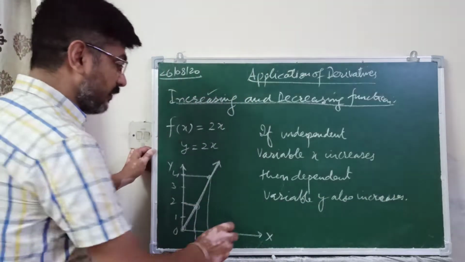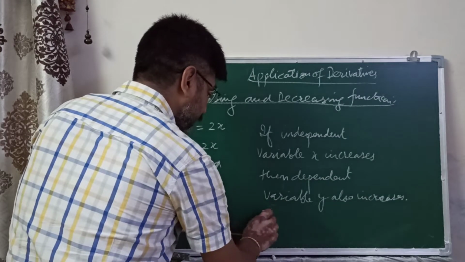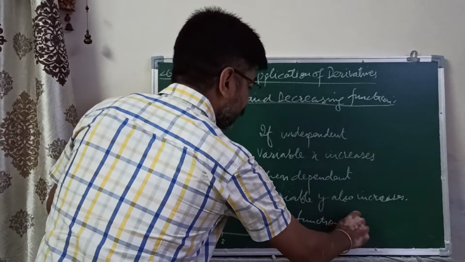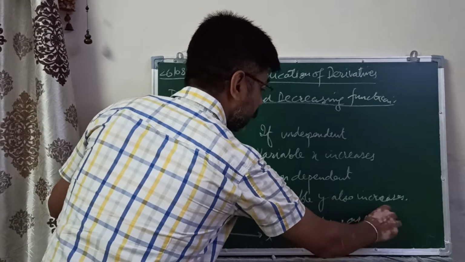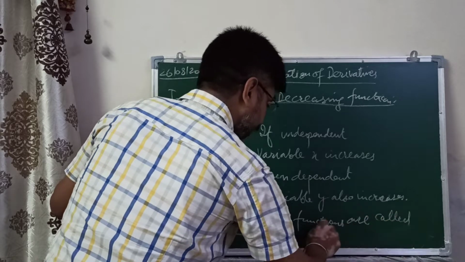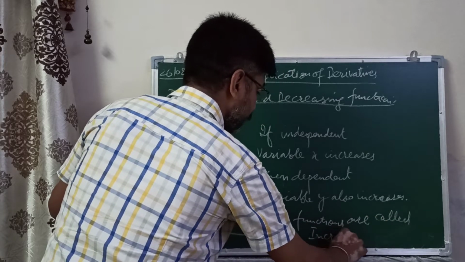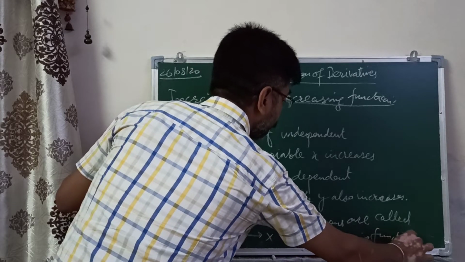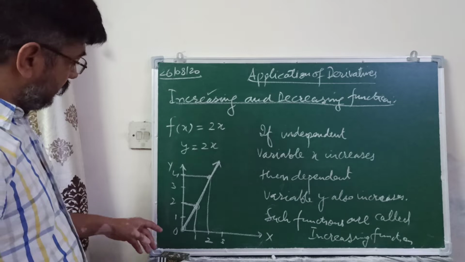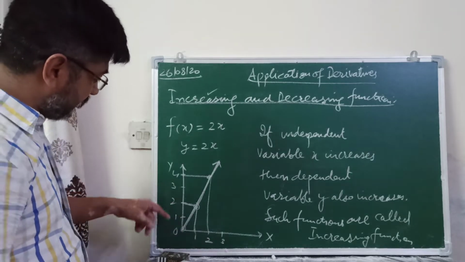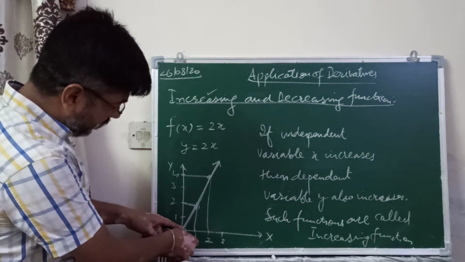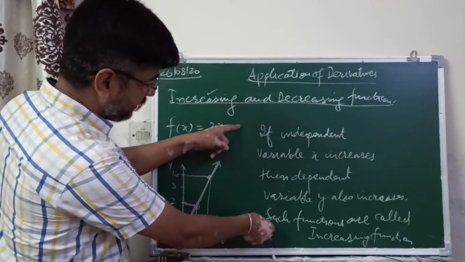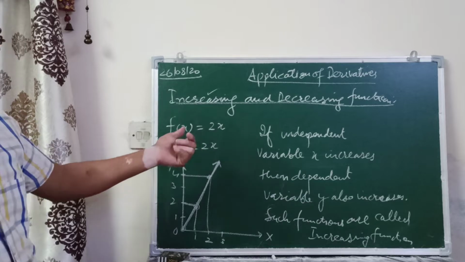Such functions are called increasing functions. As x increases, y increases. Look at the graph. If x increases, the graph goes like this. It is increasing. That's it. That's why it's called an increasing function.